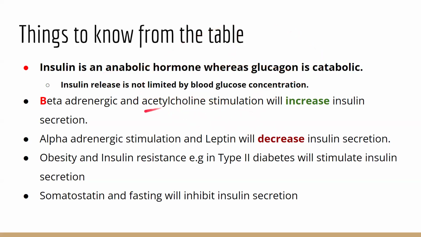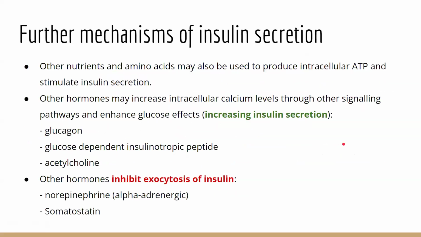You'd rather have your glucose stored so that you can use it at a later time, because you're not performing any movements which would require all this ATP and glucose free floating in the blood, causing hyperglycemia. So parasympathetic will increase insulin secretion. Beta-adrenergic will increase insulin secretion. Alpha-adrenergic will decrease insulin secretion, which we mentioned here.